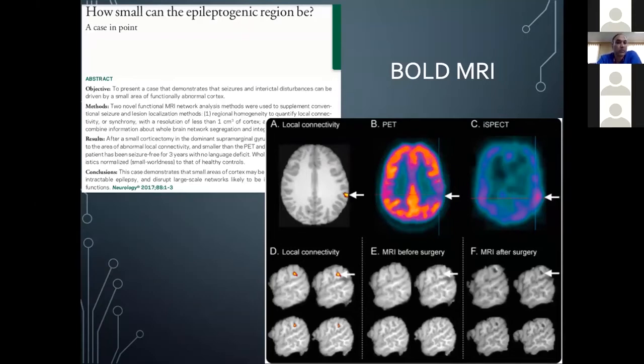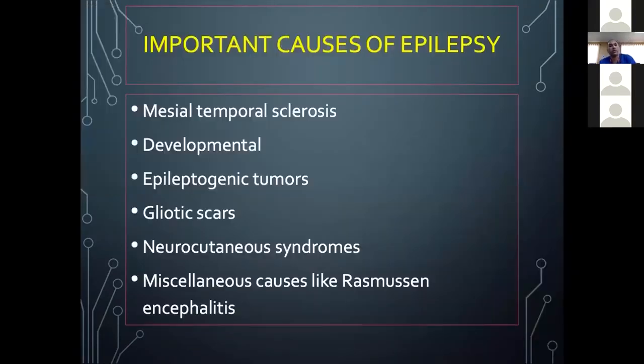This is a report published in Neurology, where they used local connectivity measurements, and they could demonstrate that in an MR negative epilepsy case, there was a focal area which was showing higher local connectivity, and PET was showing hypometabolism, and interictal SPECT was showing increased CBF value in the same region. So this patient underwent surgery and a lesion could be identified. So sometimes you require out of the box solutions to certain problems.